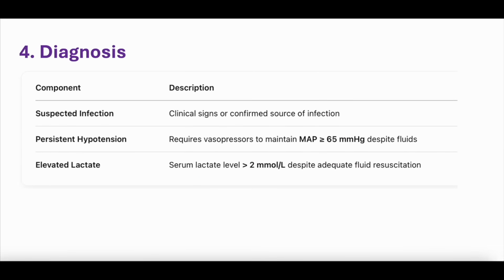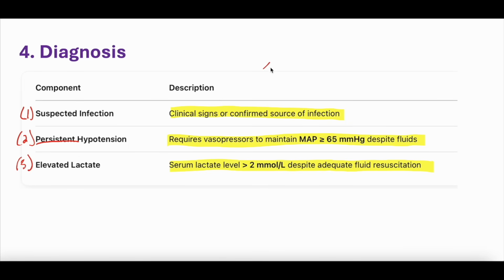All right, diagnosis. Again, we have the formal diagnosis that people talk about, which is requiring vasopressors to maintain a MAP of greater than 65 despite fluids, and a serum lactate of greater than 2 despite adequate fluid resuscitation. You certainly need an infection as well. So the 3 components for the formal diagnostic criteria are: 1, suspected infection; 2, persistent hypotension. The persistent is important because it has to be after fluids; and 3, elevated lactate.